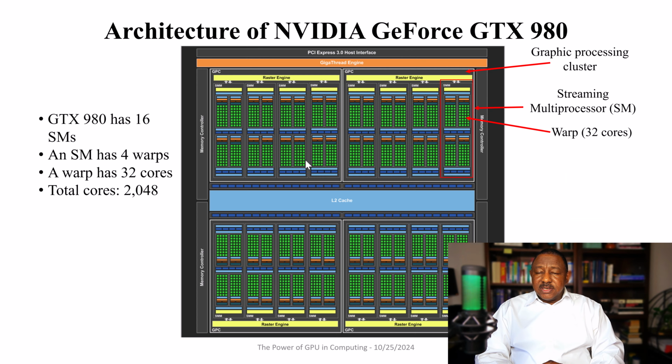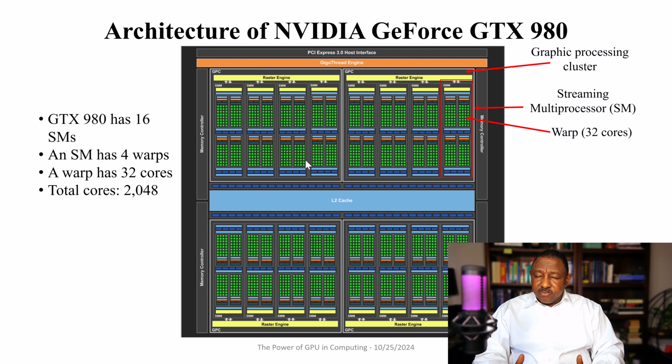So this is just an example of the architecture of a GPU, the GTX 980, or NVIDIA GeForce. There are other companies as well, like Intel, but the most used one is the NVIDIA company, and it has many brands.